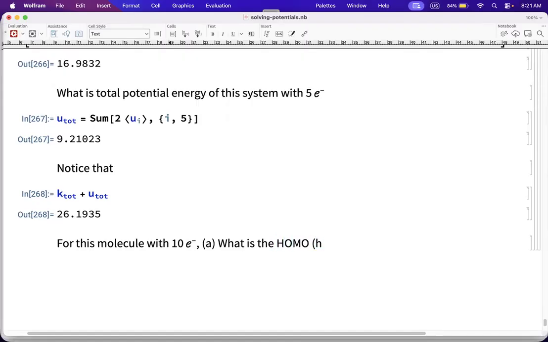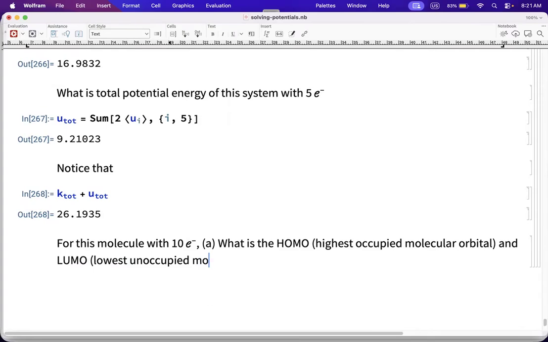We call it the highest occupied molecular orbital. And LUMO, the lowest unoccupied molecular orbital, right? What is this for this system, right?